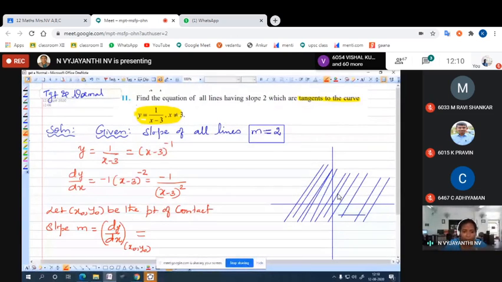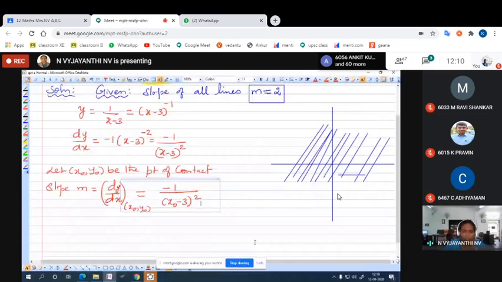Minus 1 by, instead of x, what we have to apply? x0. Minus 1 by (x0 minus 3) the whole square. Now we have two slopes. One is m equal to 2 and another one is m equal to minus 1 by (x0 minus 3) the whole square. So what shall we do now?